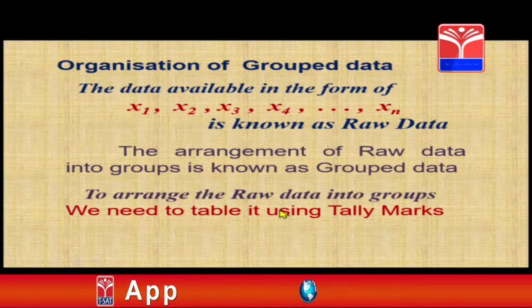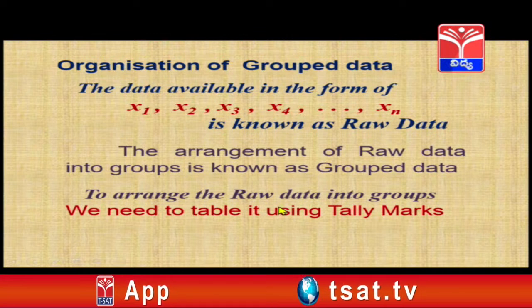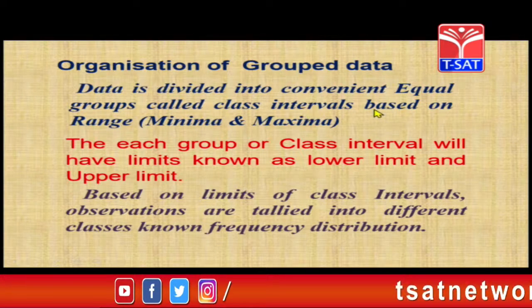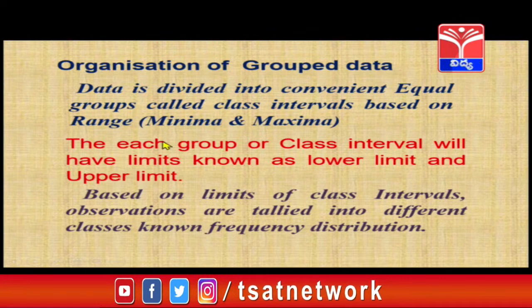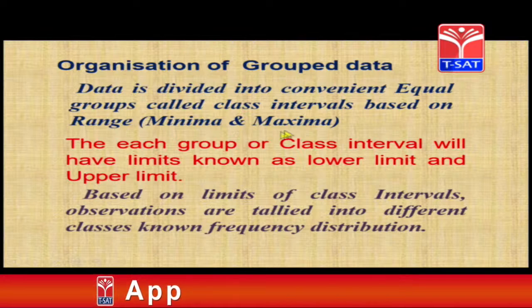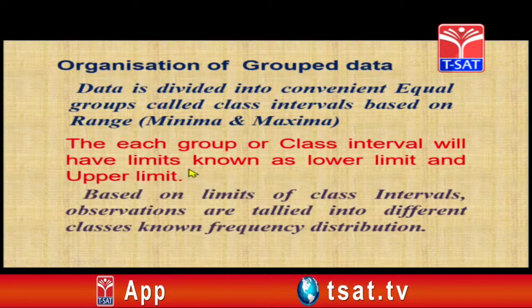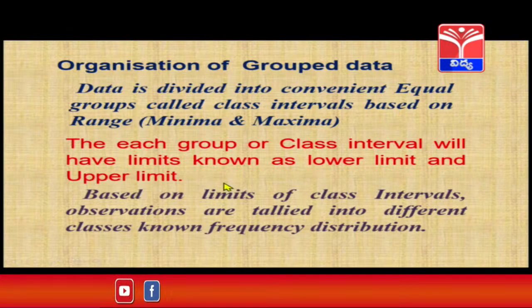Now, the data is divided into convenient equal groups called class intervals based on the range, that is, the range depends on the minima and maxima. Each group or class interval will have limits, known as the lower limit and the upper limit.